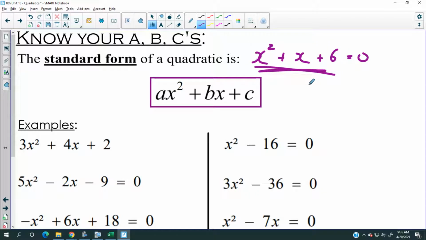What I need to get across today is that the coefficients for each of the terms, or in this case, a constant, play a very large role for the next month of this unit. It's so pervasive.